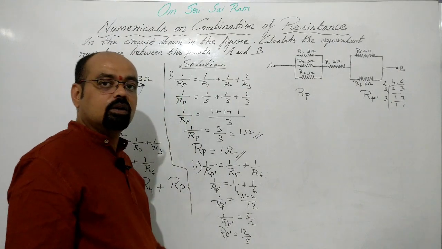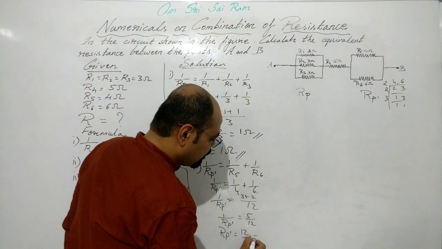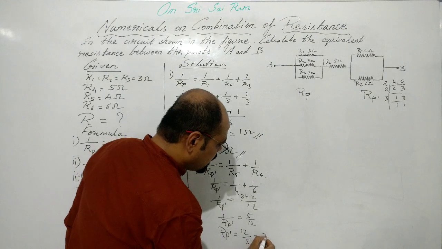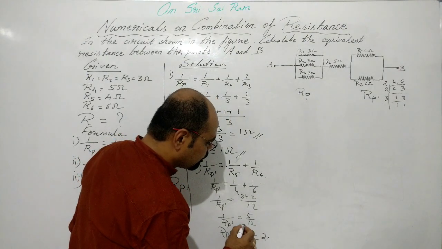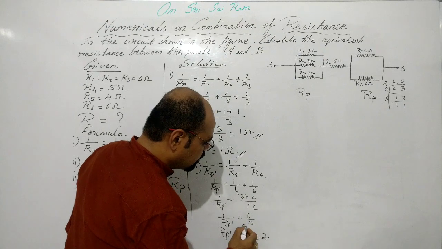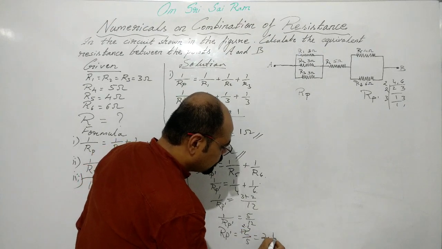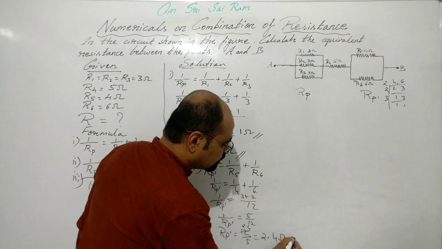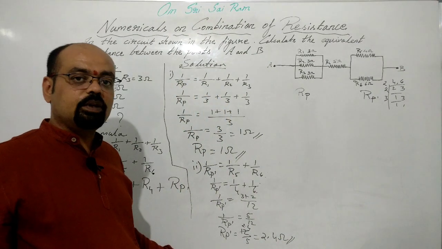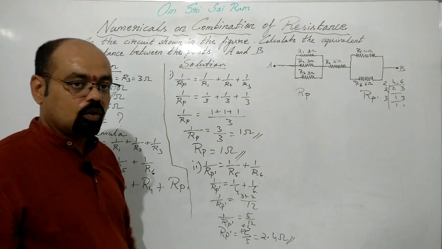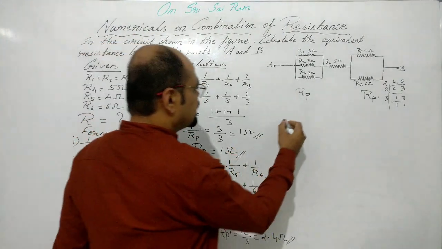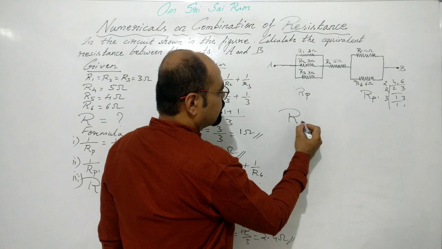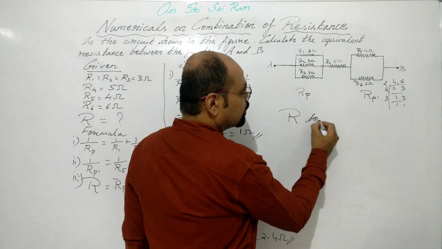When we divide 12 by 5, 5 twos are 10, remainder 2, 5 fours are 20, so we get 2.4 ohms. So Rp dash we got as 2.4 ohms. Now moving on to the total resistance R between A and B.